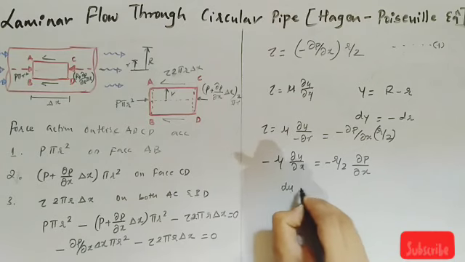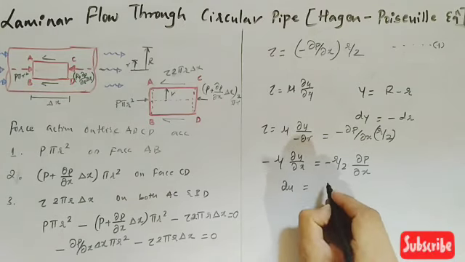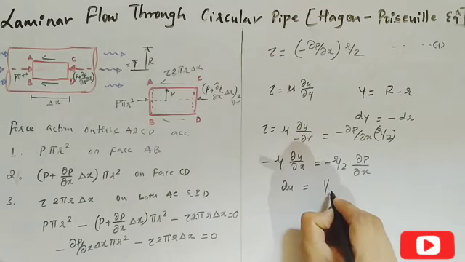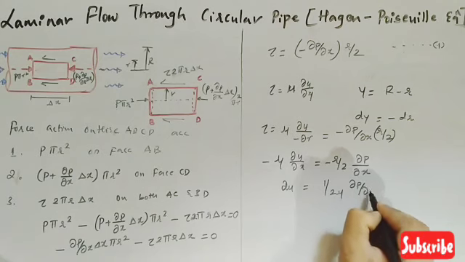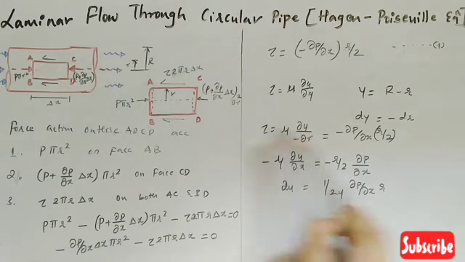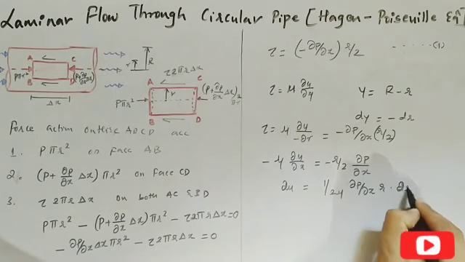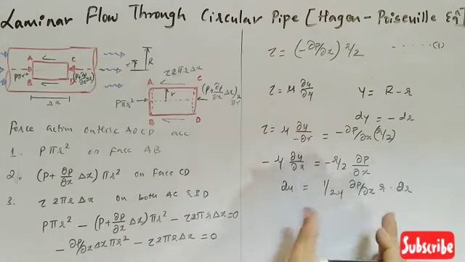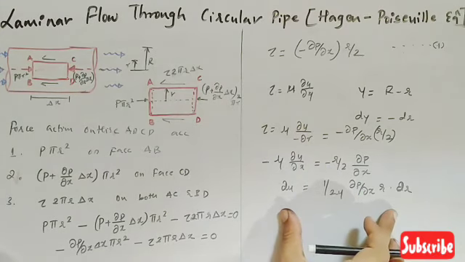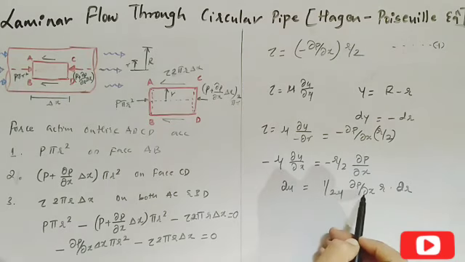So dou u will be equal to 1 by 2 mu into dou p by dou x into r into dou r. After simplifying, we get this equation: dou u equals 1 by 2 mu dou p by dou x into r into dou r.